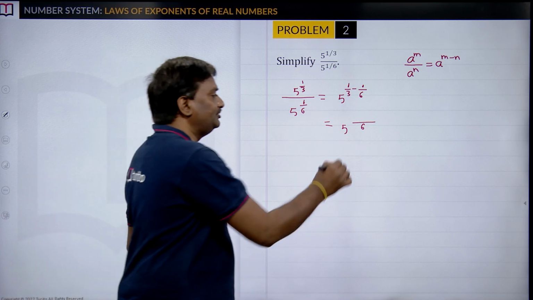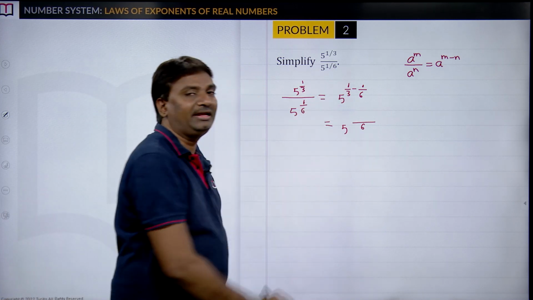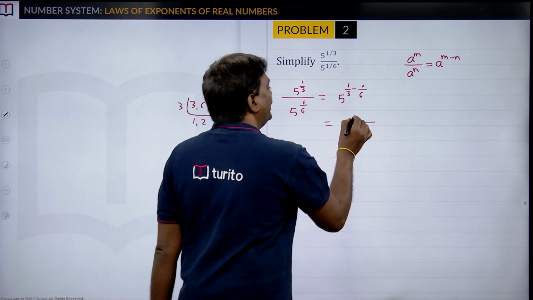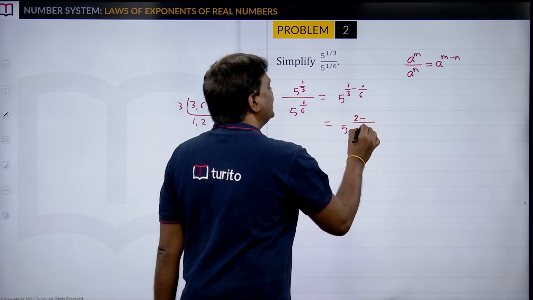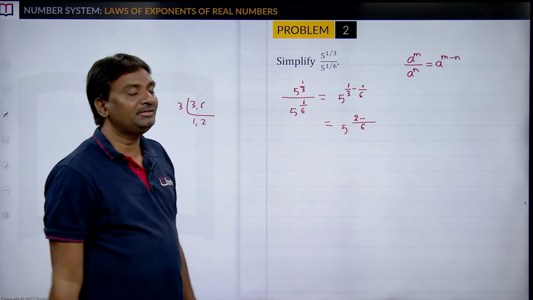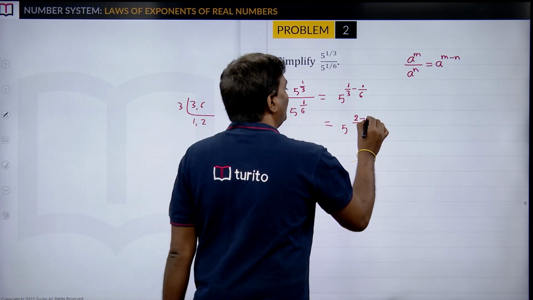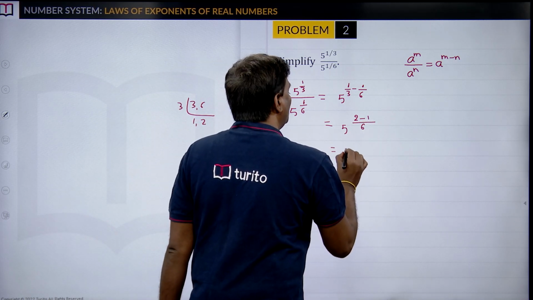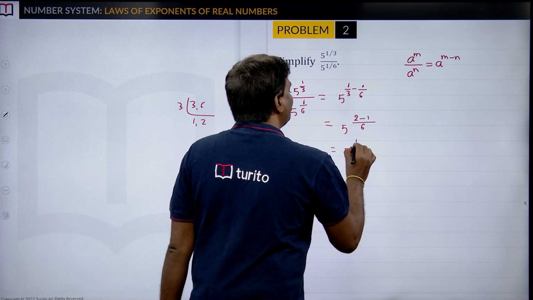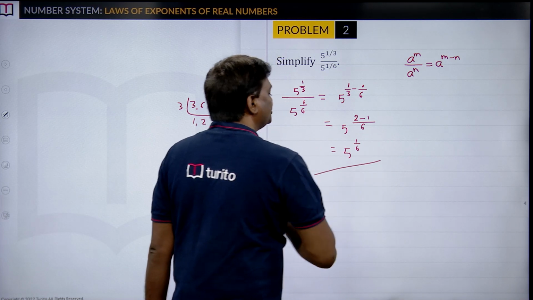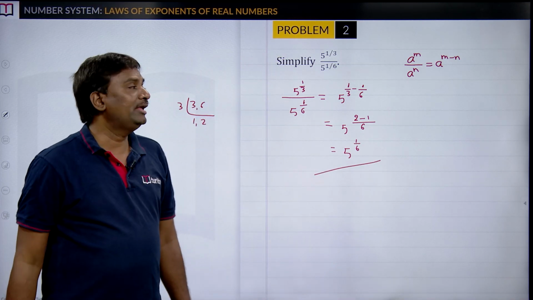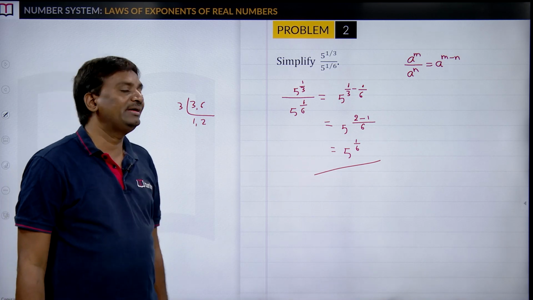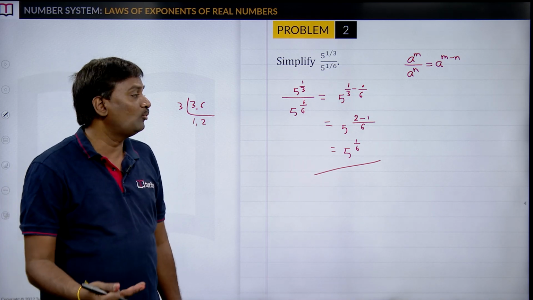If we divide 6 by 3, 3 twos are 6, so 2, minus, dividing 6 by 6, 6 ones are 6, 1. So that equals 5 power 2 minus 1 by 6. So by simplifying 5 power 1 by 3 by 5 power 1 by 6, we got 5 power 1 by 6.